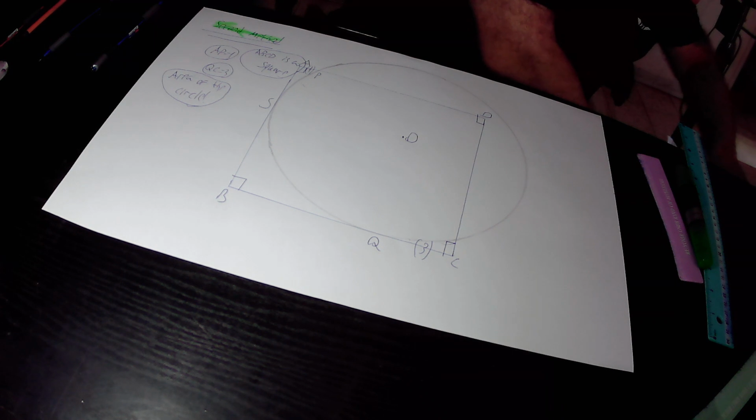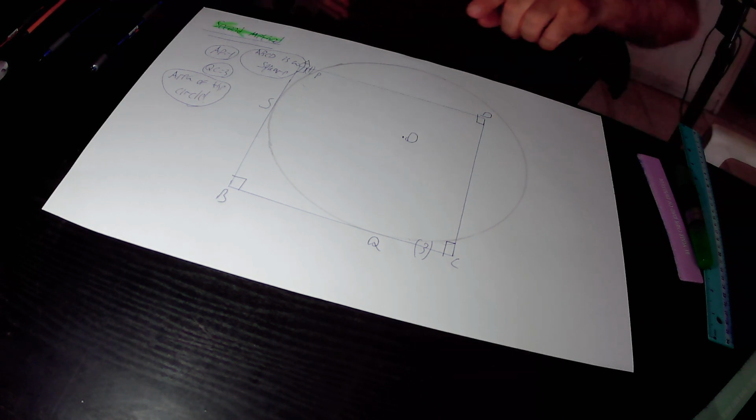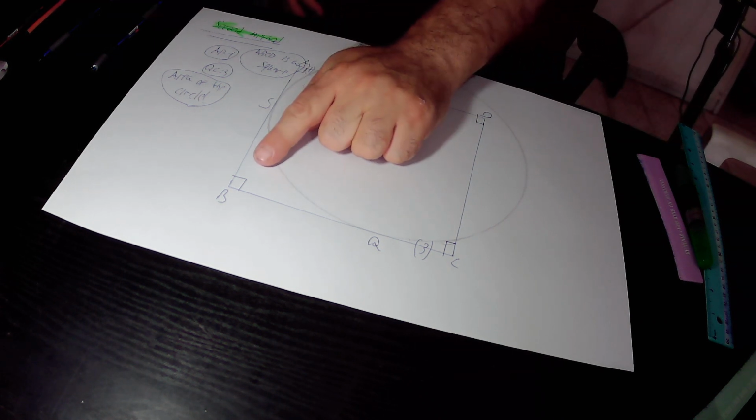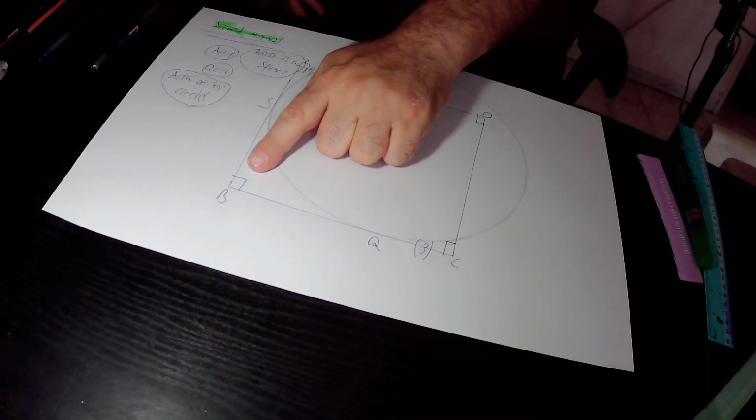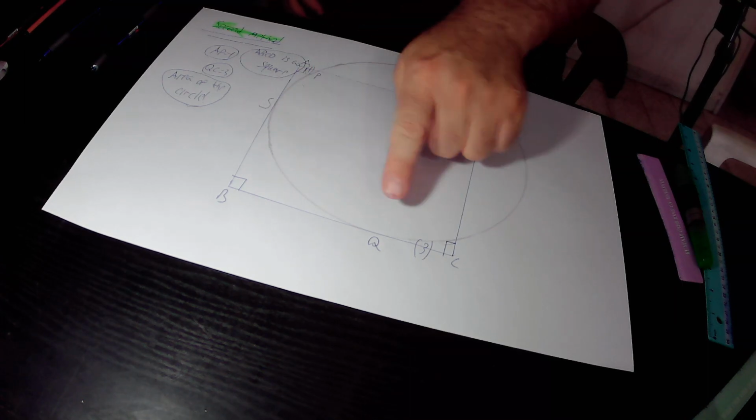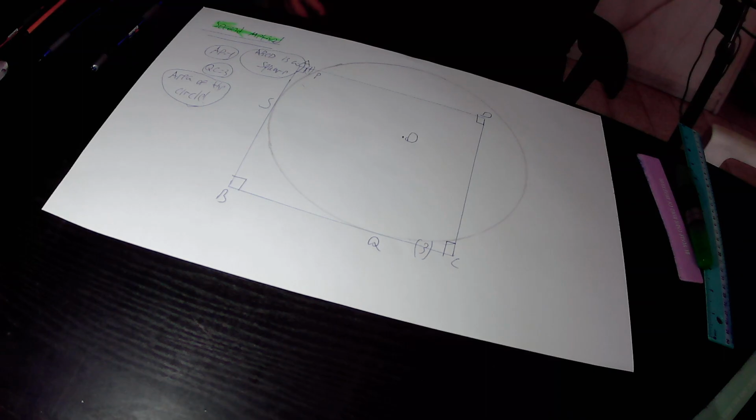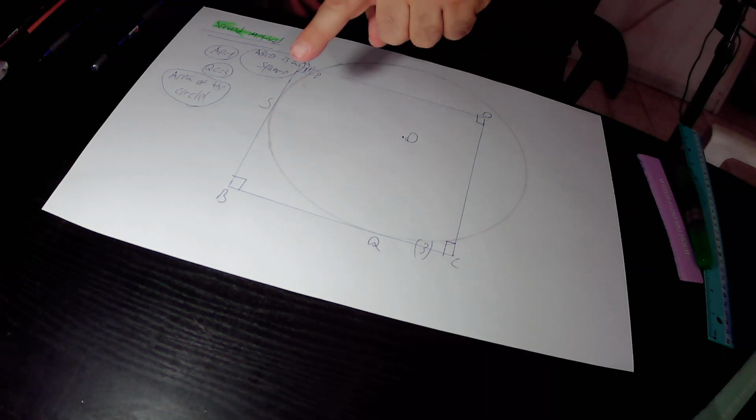Why? Because in our drawing, we have the common extreme point, point B. From point B, we have two tangents to this circle, tangent BS and tangent BQ. And according to rule 2, they are equal to each other. That is to say, BS equals BQ.